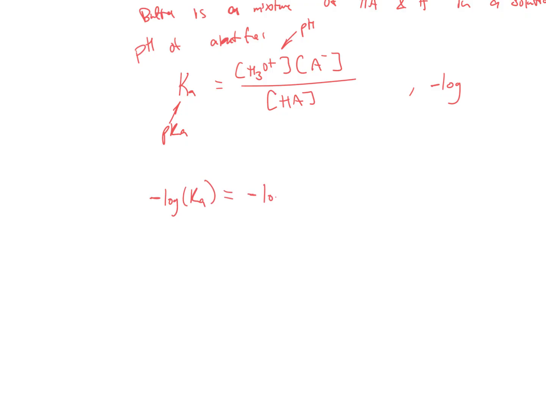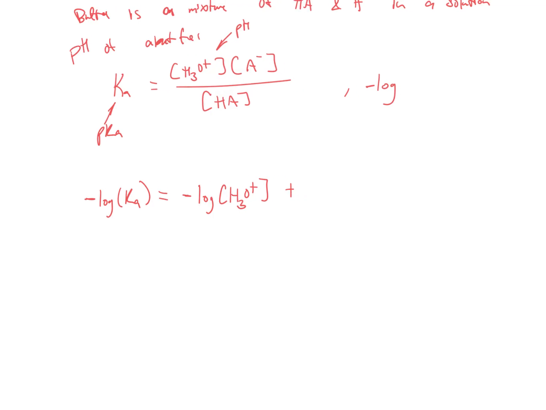We'll have minus log concentration of H3O+, and we can just lump everything into its own minus log over here: concentration of A- divided by concentration of HA. And so now we have a relationship where the pKa, because this is essentially just pKa, is related to pH.